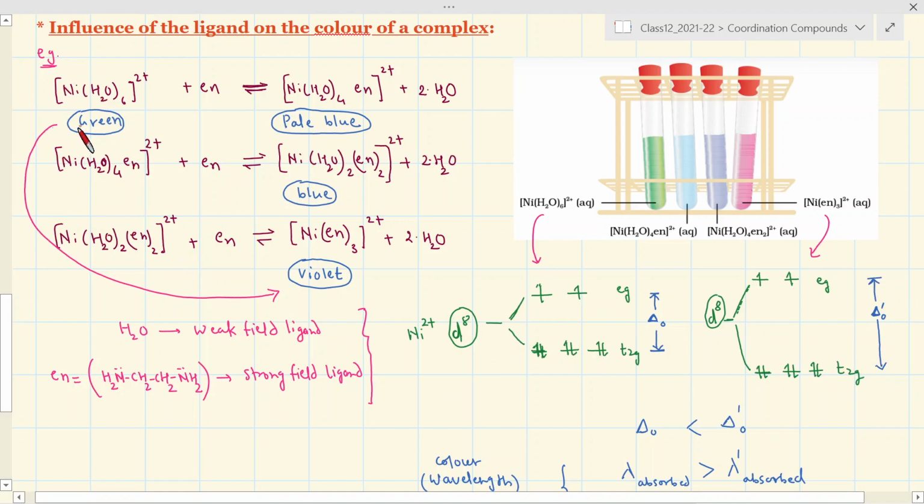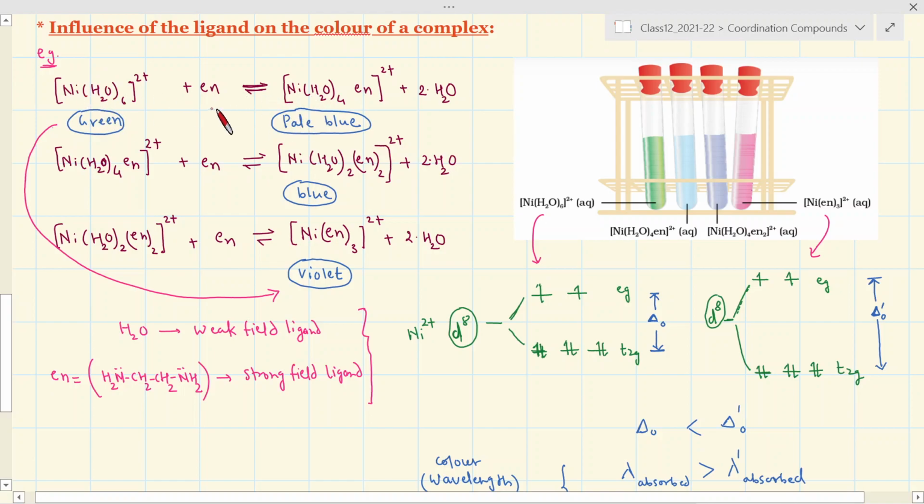And in this example, suppose we systematically displace in this nickel aqua complex the weak field ligand with the strong field ligand like ethylenediamine. Now remember that ethylenediamine is a didentate ligand, so it can actually replace two of the monodentate ligand like water.